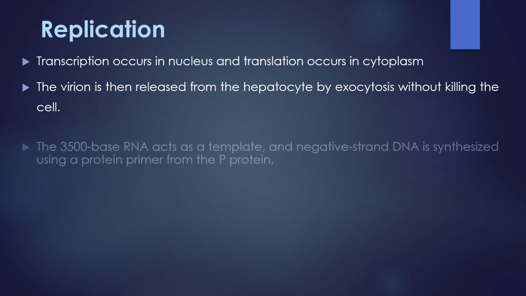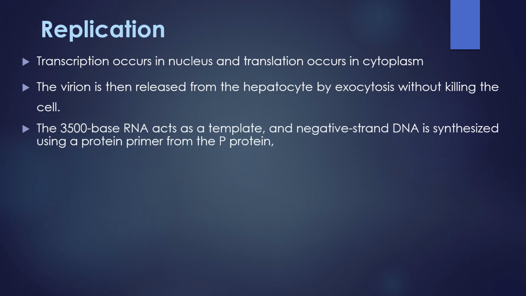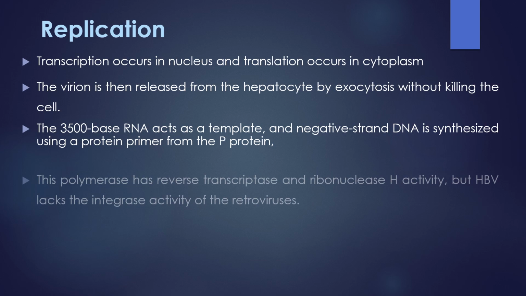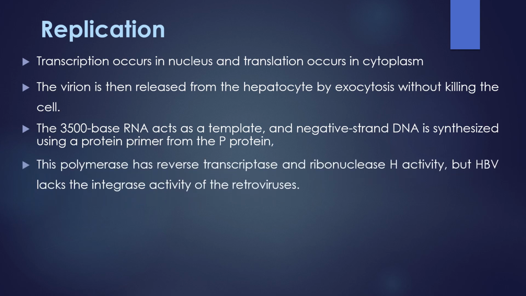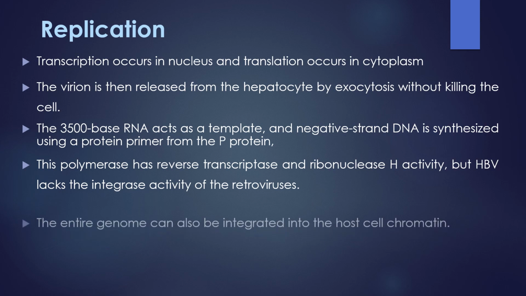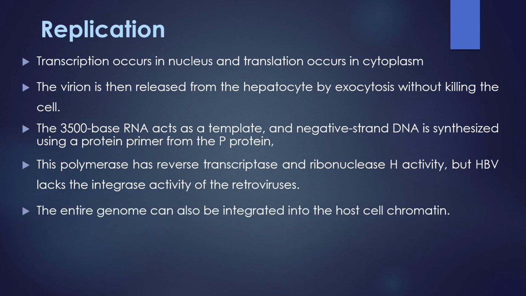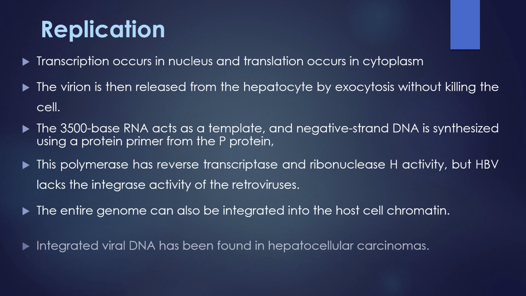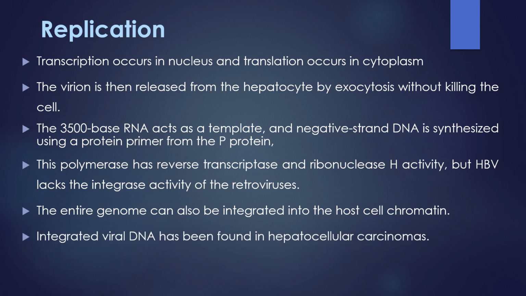The larger mRNA of 3500 bases acts as a template which produces a negative-stranded DNA, after which a positive opposite copy is synthesized using a protein primer. This polymerase enzyme has reverse transcriptase activity along with ribonuclease H. It does not have the integrase activity similar to a retrovirus.